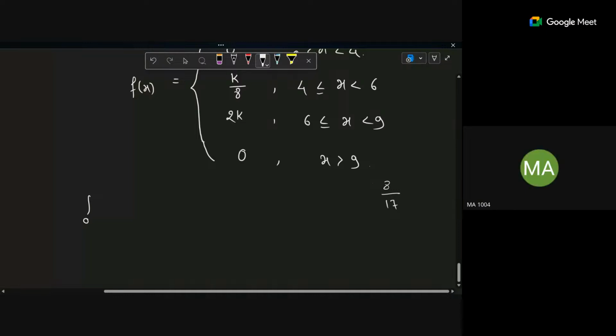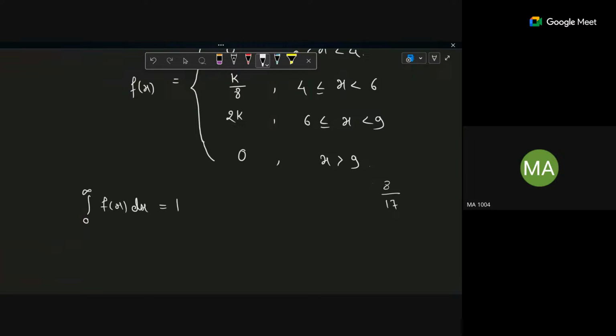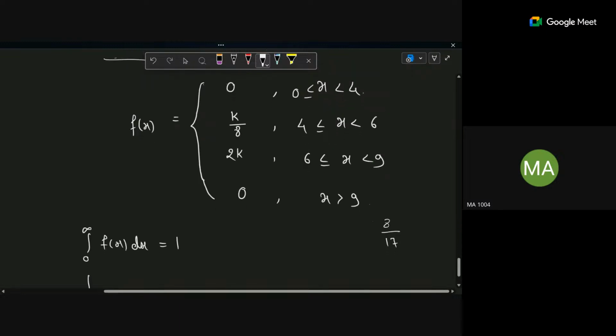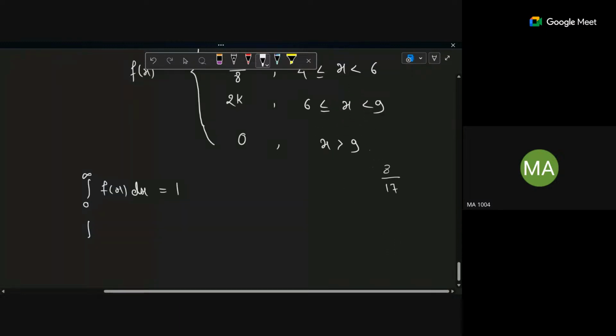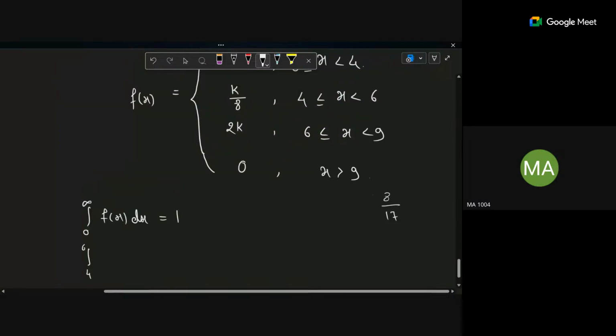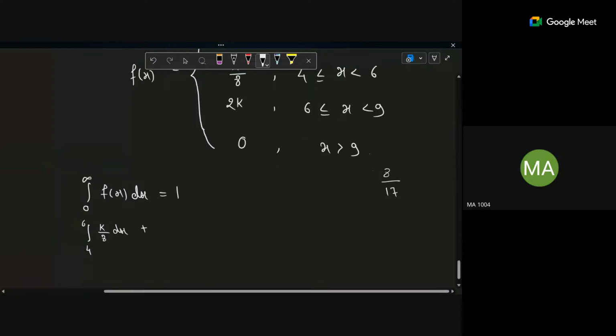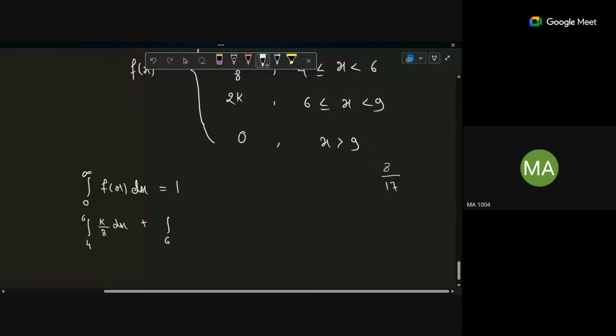So to find the value of k, you have to integrate from 0 to infinity f of x dx equal to 1, right? For the rest of the part it's 0, but 4 to 6 and 6 to 9: from 4 to 6 it is k by 8 dx, plus from 6 to 9 it is twice k dx, which is equal to 1.